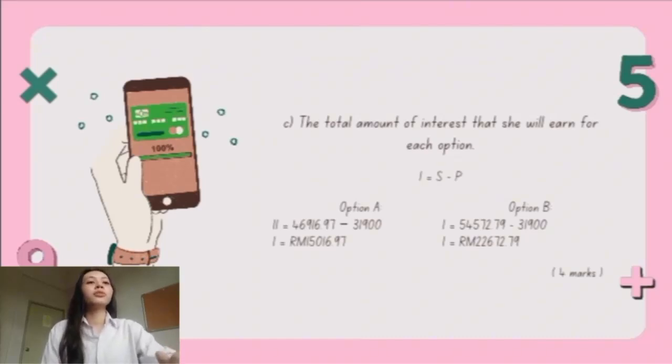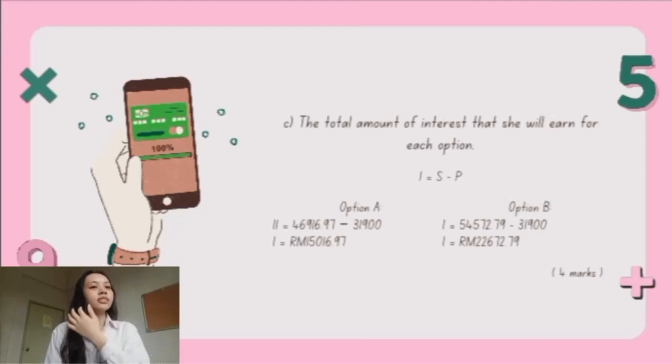As for question C, the total amount of interest that she will earn for each option. The formula for interest is I equals S minus P. To calculate the interest, we have to follow the formula to get the answer. For option A, it is 46,916.79 minus 31,900.